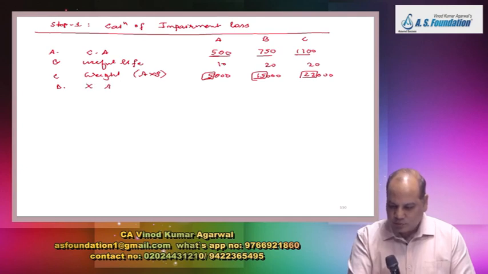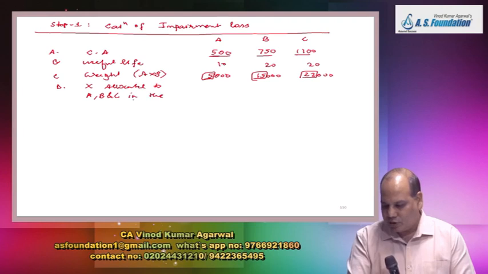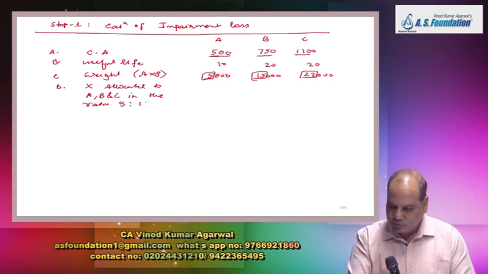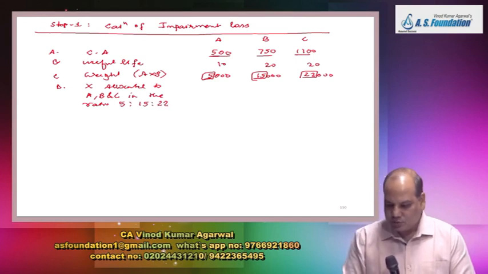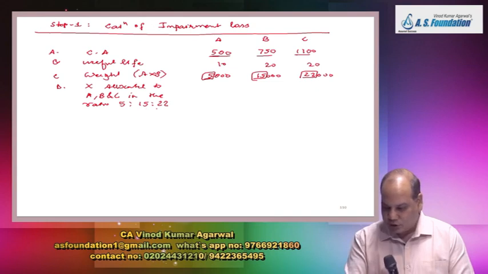So in point number D, we will write X allocated to A, B and C in the ratio 5:15:22. So dear student, tell me 600 allocated in this ratio, how much will you get? 600 into 5 by 42.